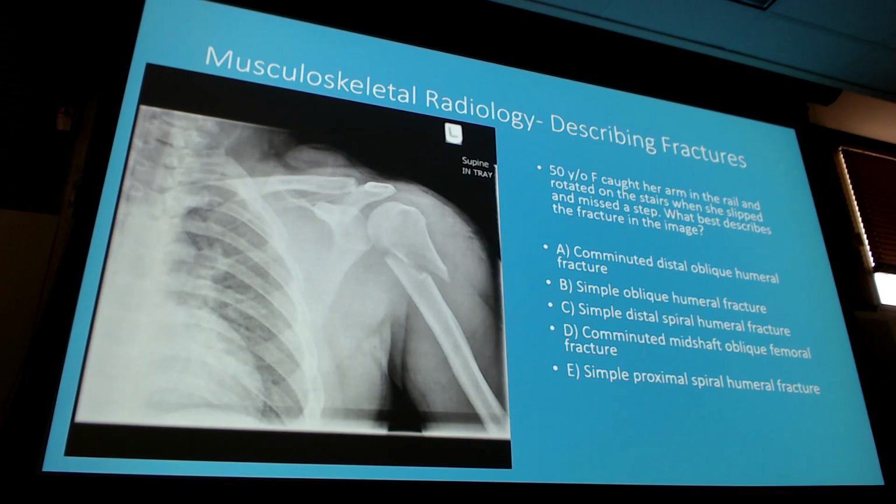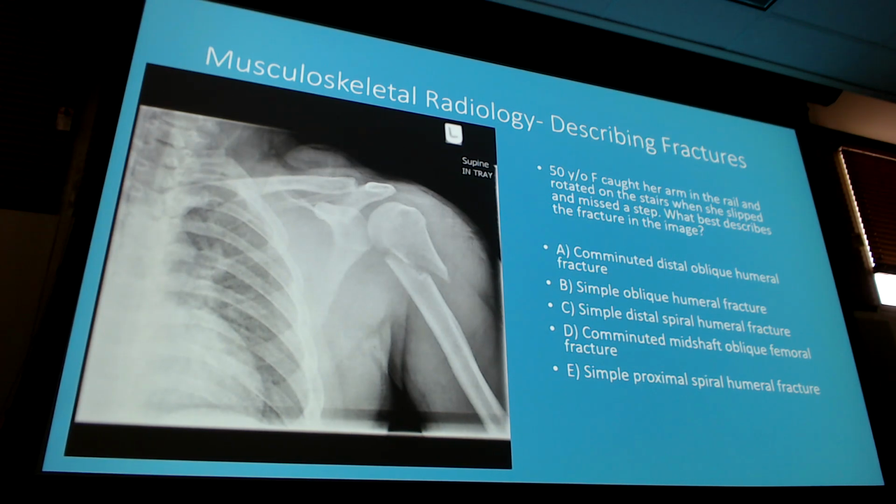So we have a couple of different things that would throw you off as distractors. B, C, and D are all simple, right? Sure, distal proximal is great, but then I have my type of fracture. I have spiral and oblique. So there's your distractor of oblique versus spiral. That's how we can understand the difference between those two. And then distal versus proximal, right? Knowing the location.